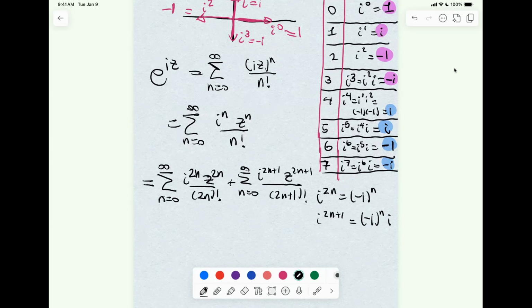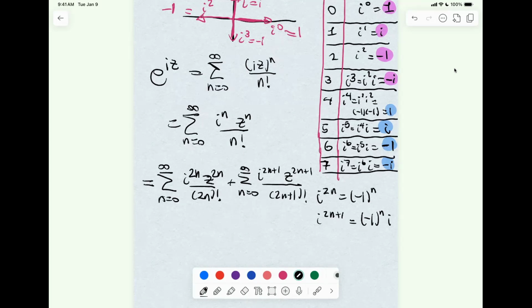For convincing yourself, it's useful to plug in some numbers. Put n equals 0, n equals 1, n equals 2, you get z to the 0, z squared, z to the 4, and then if you put n equals 0, 1, 2, you get z to the 1, z to the 3, z to the 5, and you'll see that it is literally the same.